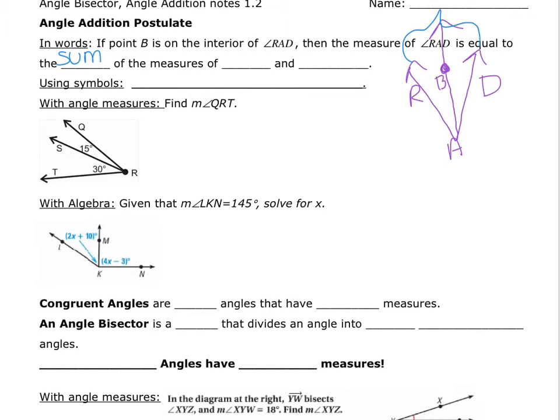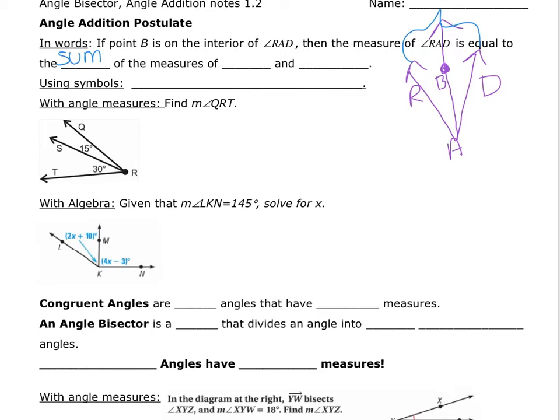So this is where you just have to be careful and know how to name your angles. Again, you name angles using three letters, and the center letter does have to be the vertex of the angle. So again, the vertex is the point where the rays meet.